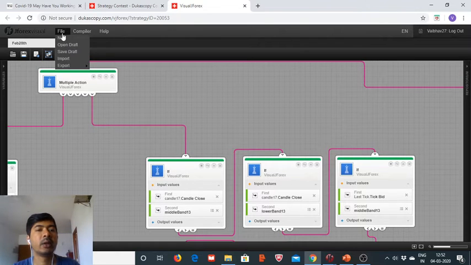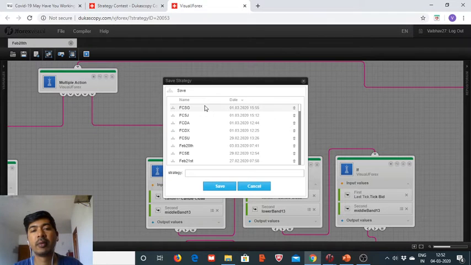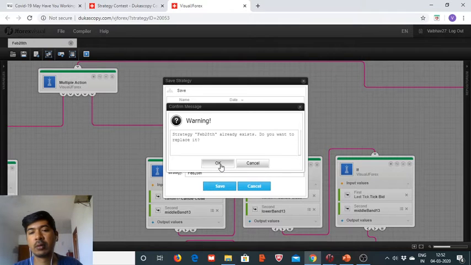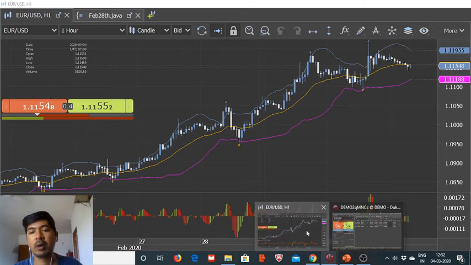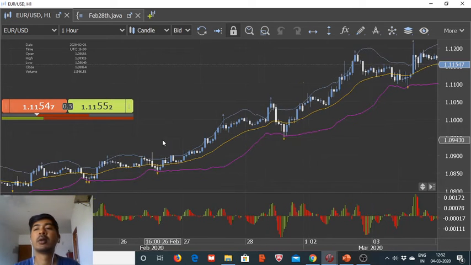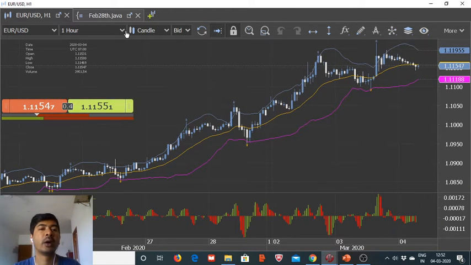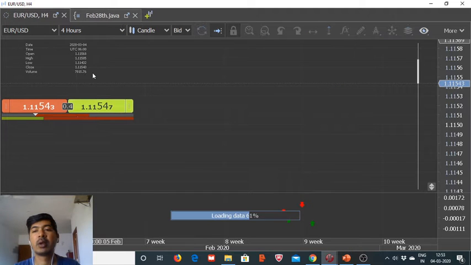Let's save it. But before we do the test run, we will add one more condition. Here on the hourly chart, I will use the 4 hourly setup mode.